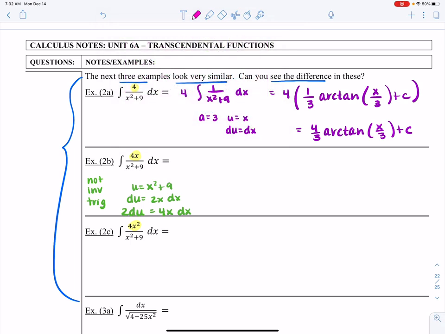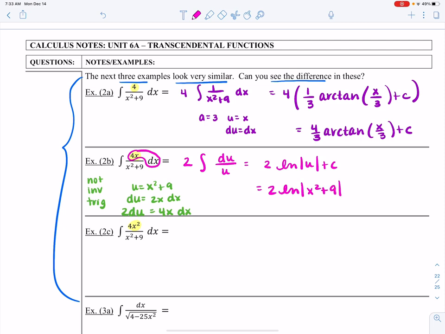So I can rewrite this now as 2 integral, my 4x dx is going to become 2 du, and my denominator is u. Well, guys, this is just a log. 2 natural log absolute value of u plus c to give me a final answer of 2 natural log of x squared plus 9 plus c.